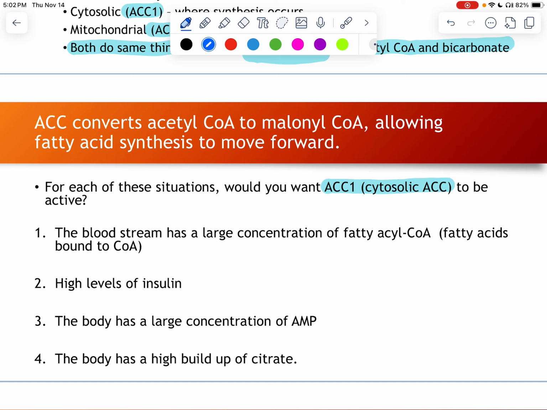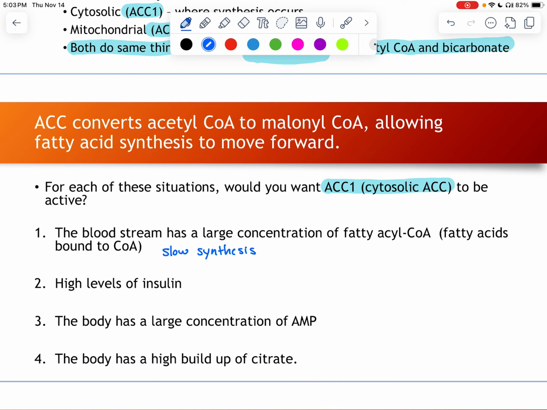All right, so if we look at these, number one, the bloodstream has a large concentration of fatty acyl-CoA. So these are fatty acids bound to coenzyme A. If you already have lots of fatty acids in the bloodstream, probably we're not wanting to make more. And so we would expect this to slow synthesis.